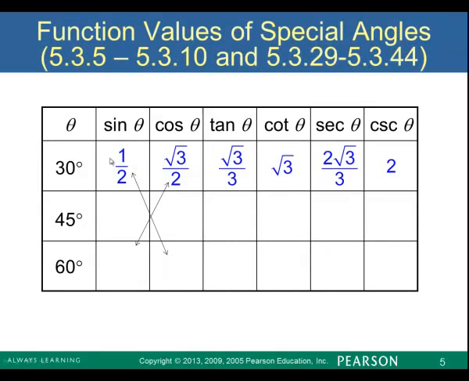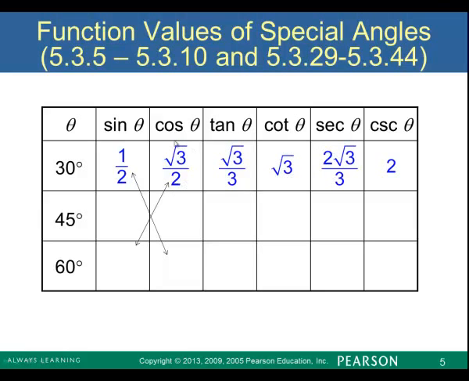So for sine theta, 30 degrees is 1/2. Now these are special angles here, 30, 45, and 60. Cosine is square root of 3 over 2, tangent square root of 3 over 3, and then the reciprocals, cotangent, that would be 3 over square root of 3, and so you'd rationalize it and you just get square root of 3.